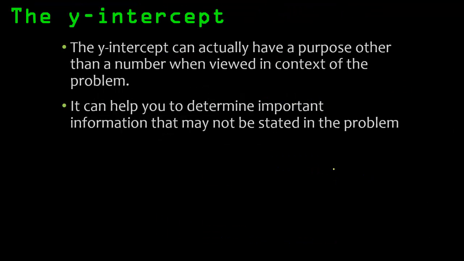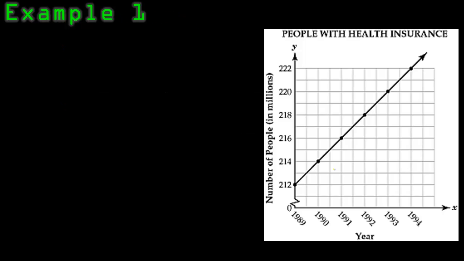Okay, now the y-intercept actually has a purpose other than saying where does my line cross the y-axis? It can help you determine important information that may not be implicitly stated in the problem. For example, if you're given a graph already, the slope, well, if we look here, let me change the color so you can actually see it.